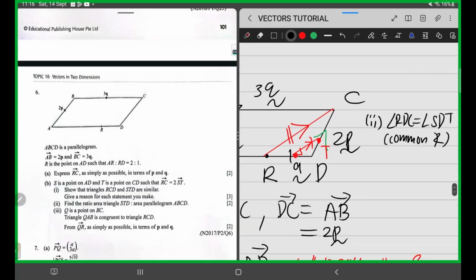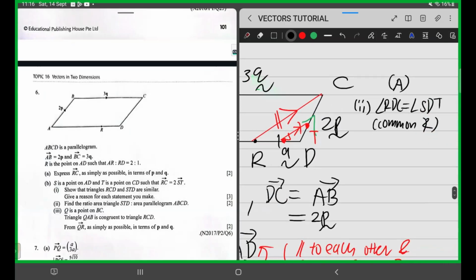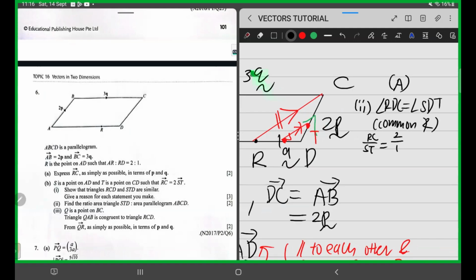So once we have found this is A, right? Another thing that we can do is that we know that RC is twice of ST. So RC over ST is 2 over 1, right? Because RC is twice the length of ST. And then at the same time, what else do we know?